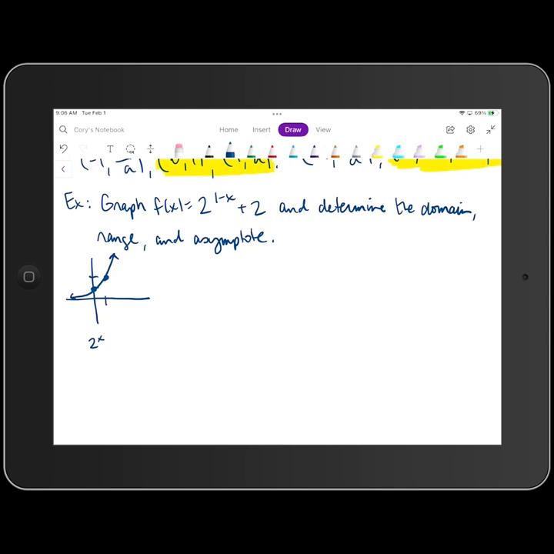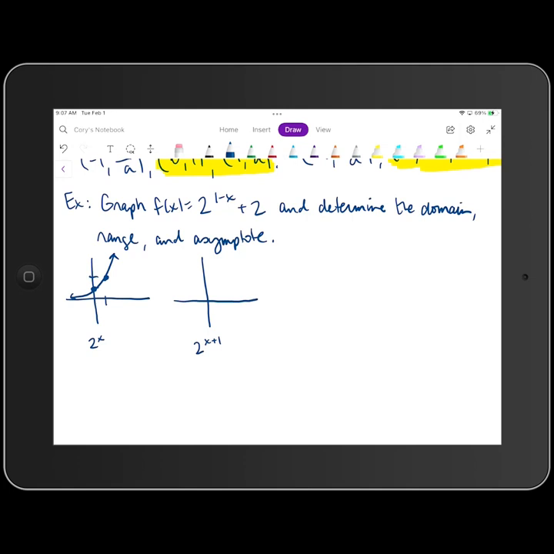Okay, so next function, if we're going to perform our transformations in order, if there is a horizontal shift to be performed, which there is here, we have to perform the horizontal shift first. Okay, so the next function we want to graph is 2 raised to the x plus 1 power.